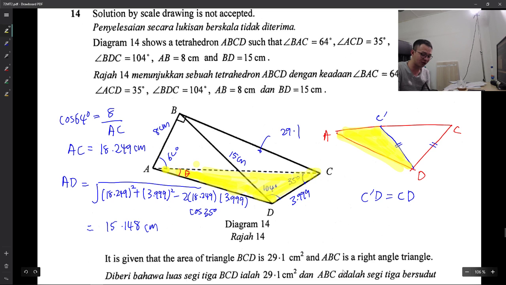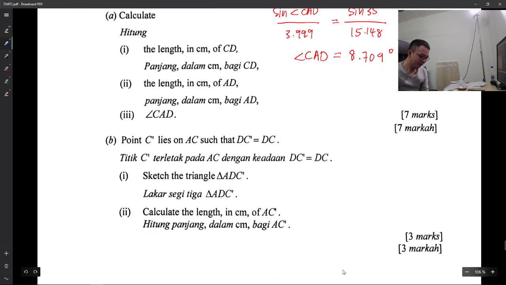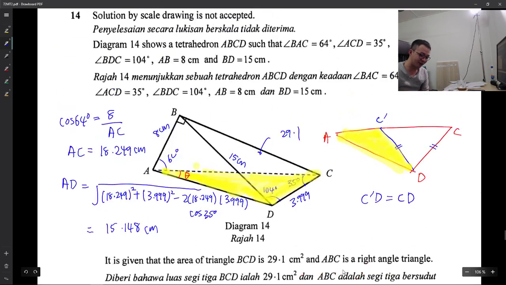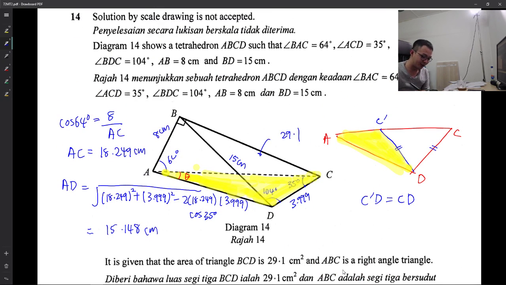So I will need to solve it and find the value inside it. Because later, they ask me to sketch the triangle and calculate the length of AC, so I will need to know about AC. I will jot down the information I have here. This is 35, so here will be 35 because it's an isosceles triangle. Here will be 145, 180 minus it.